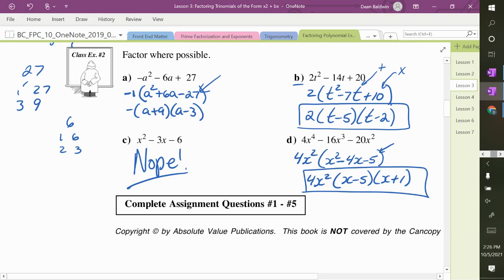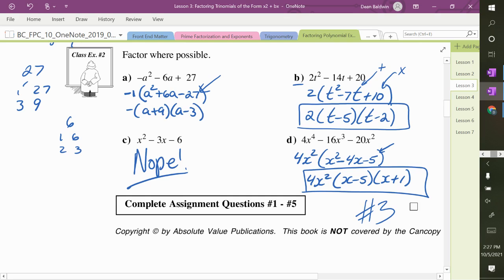All right, here we go. Oh, it could be lots. Which one should we do here? Number 3. Number 4.